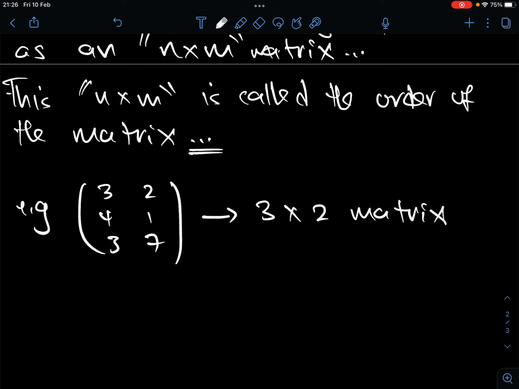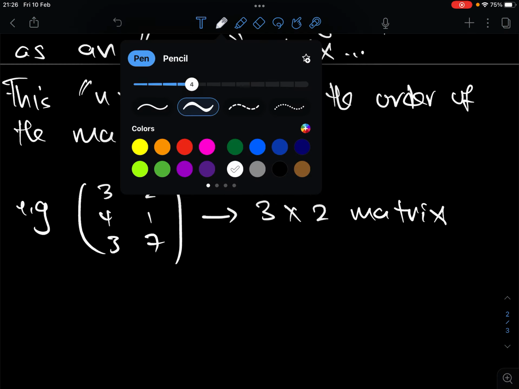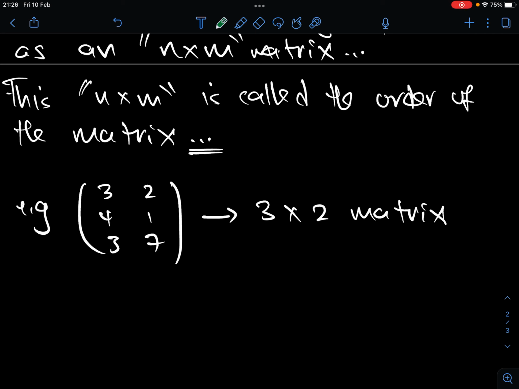So this 3 by 2 is what we refer to as the order of the matrix. If someone were to ask you what is the order of this matrix, you will simply say that the order of this matrix is 3 by 2, where the number of rows is always written first and the number of columns is written last.